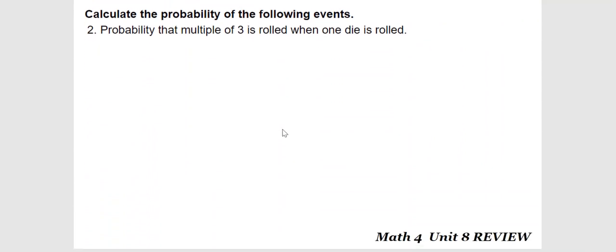All right, probability of a multiple of 3, well, multiples of 3 where dice are concerned would be 3 and 6. That's 2 out of 6 possible outcomes.